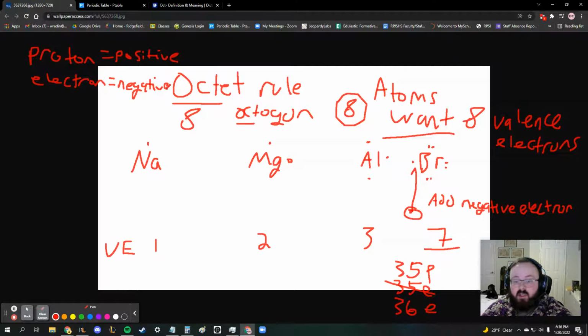So we do not change the amount of protons, we change the amount of electrons. If we add a negative electron, we are adding a negative 1. So our charge started at 0. There was no charge. So 0 plus minus 1 gives us a charge of minus 1. So this atom becomes an ion, bromine with a minus 1 charge.